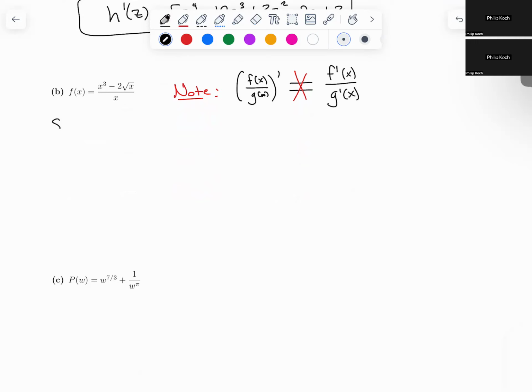So simplify. Then f of x will be x cubed divided by x minus 2x to the 1/2 over x, which is x squared minus 2x to the negative 1/2.